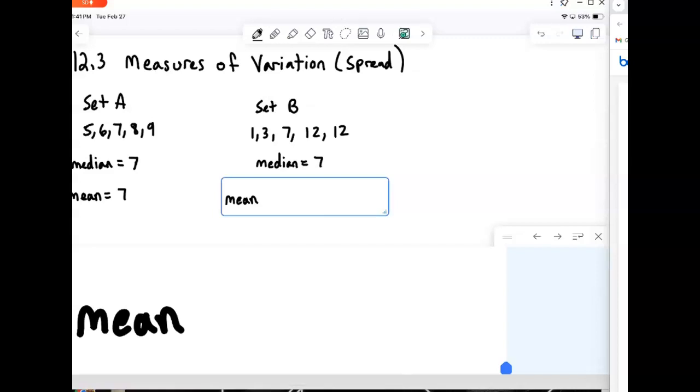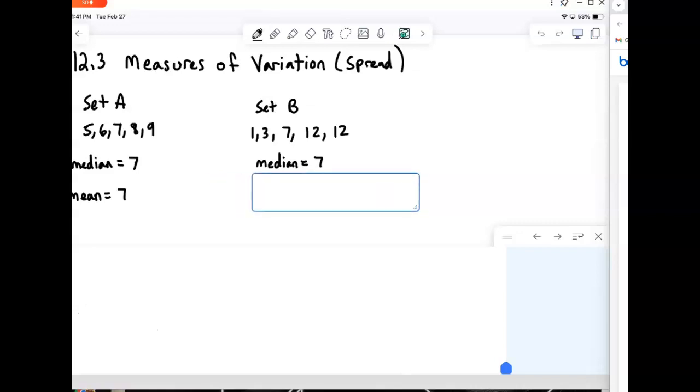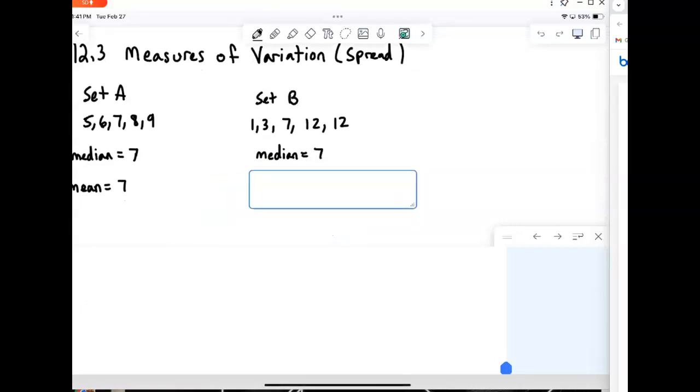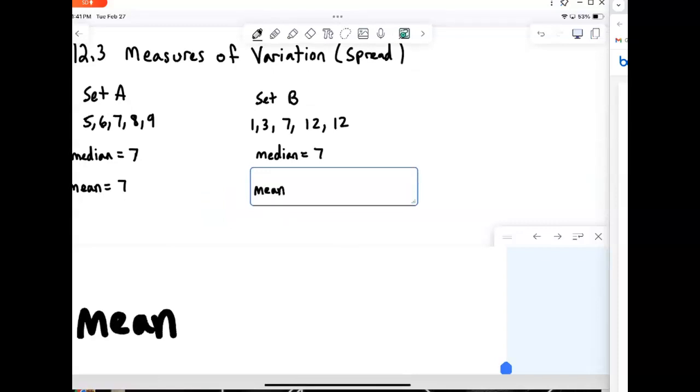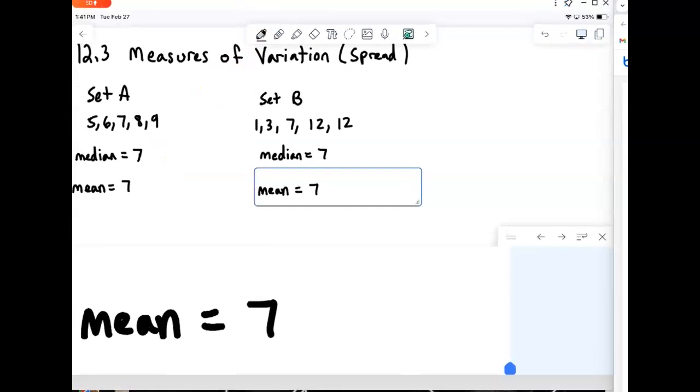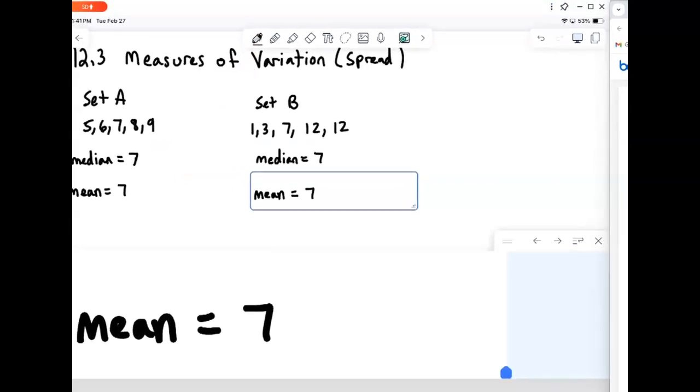Now there is a difference, of course. The second set actually has a mode. The first set doesn't. And of course they do have different mid-ranges. But otherwise, those two sets of data are basically the same.